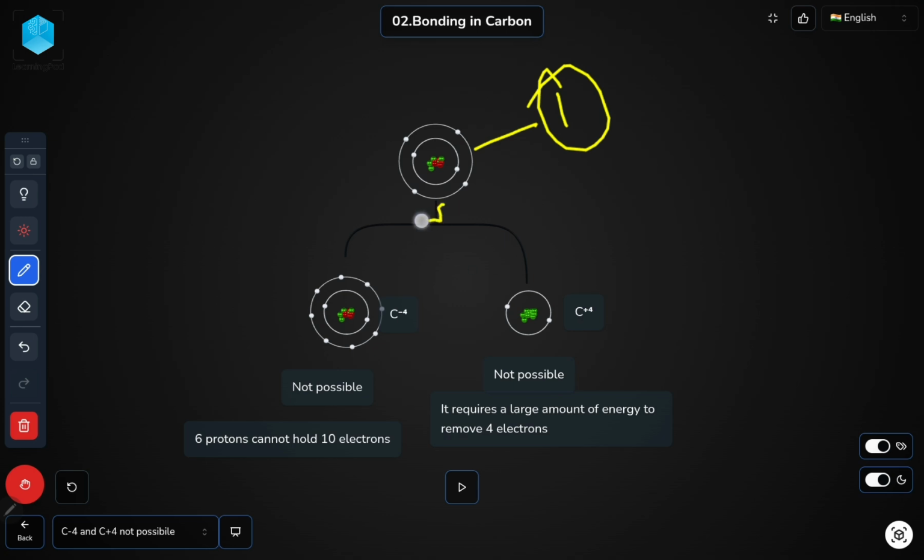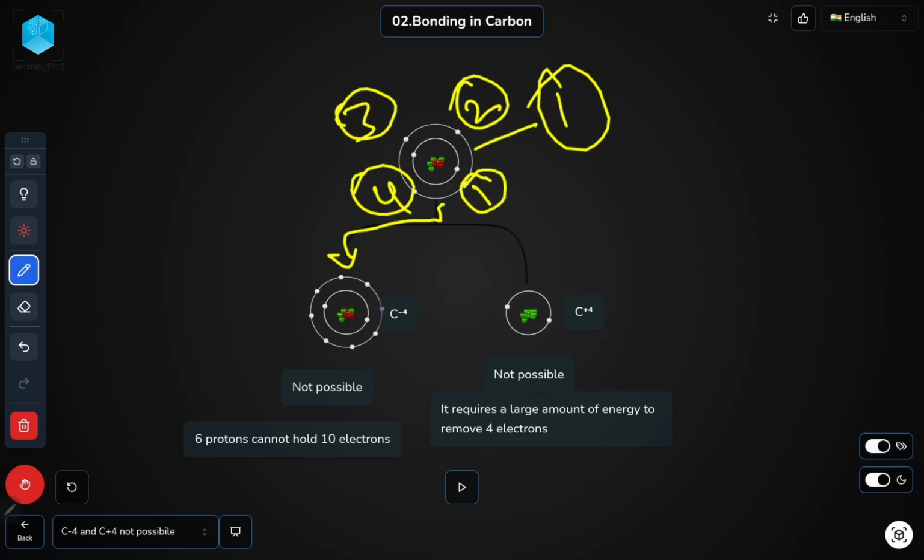Let us assume the first case, suppose it is gaining electrons. In its outermost orbit, carbon has got 1, 2, 3 and 4 electrons. Now, to attain stability, it requires 4 more electrons.